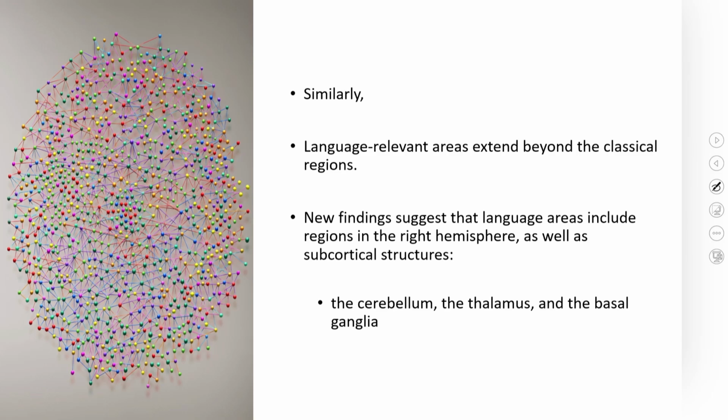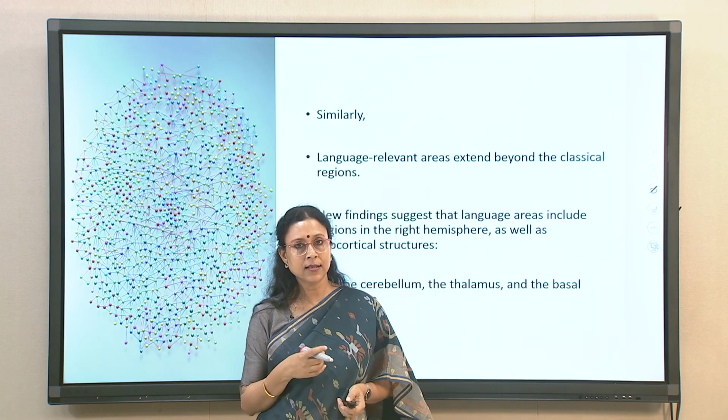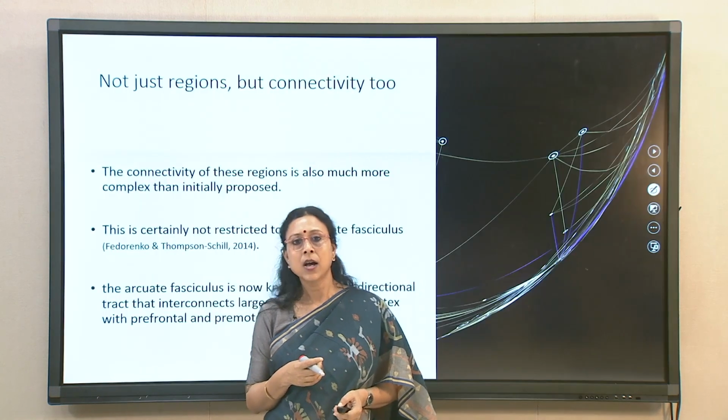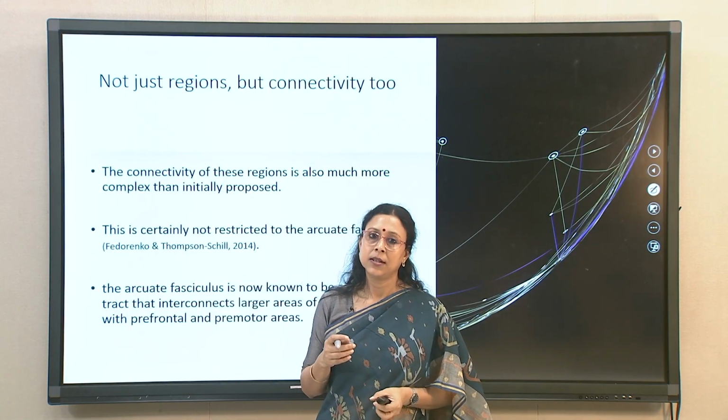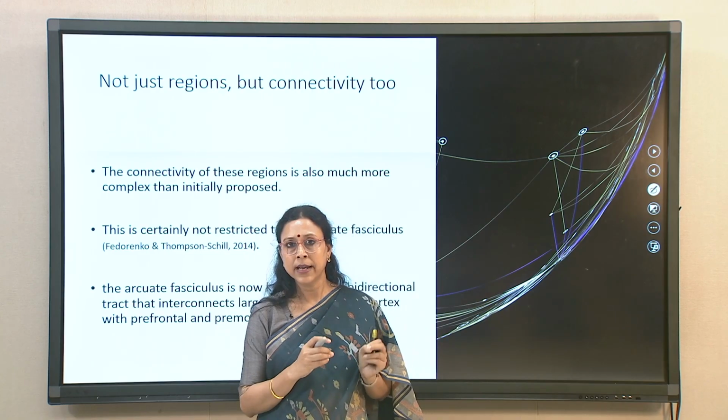New findings suggest that language areas include regions in the right hemisphere as well, and along with the right hemisphere, there are many other subcortical structures that are part of the larger network responsible for language. For example, the cerebellum, the thalamus and the basal ganglia are also important in processing language. This is about the anatomical areas.